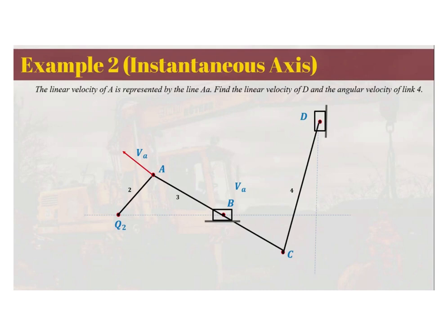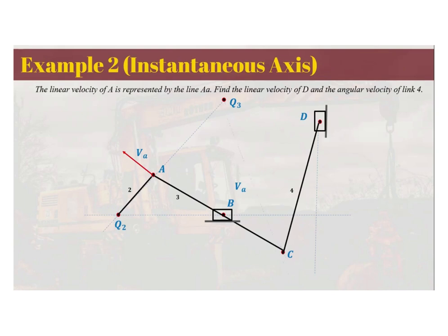So now we're going to find a common centro or common instantaneous axis for A and C. Using topic number 4, if you can still recall, the instantaneous axis can be located as Q3. So all you have to do is extend your Q to A and then intersect that with the instantaneous axis or instant center for Q3C.